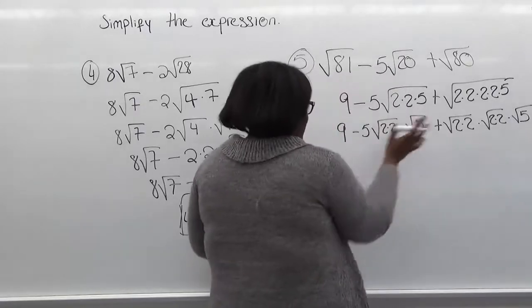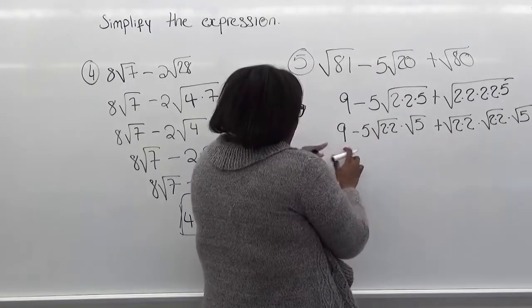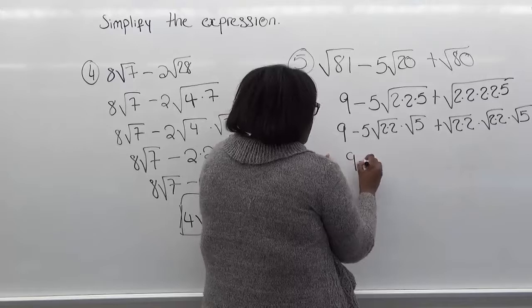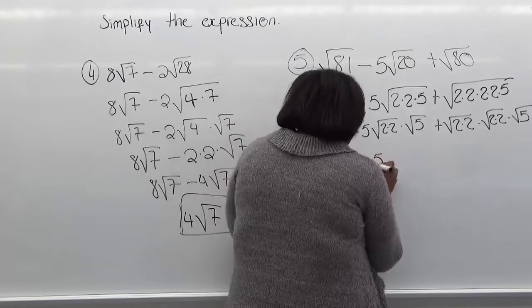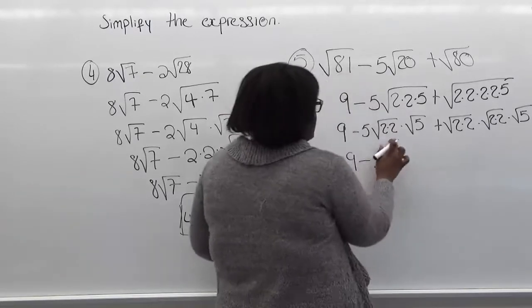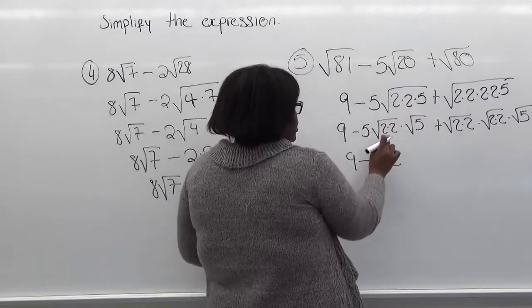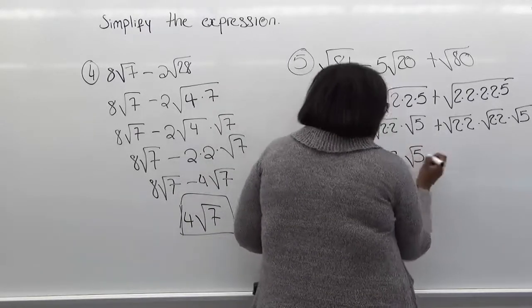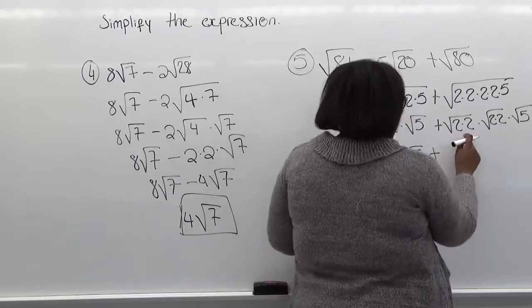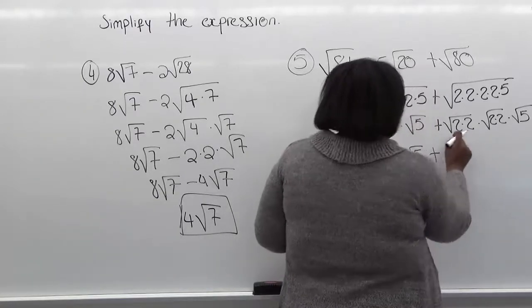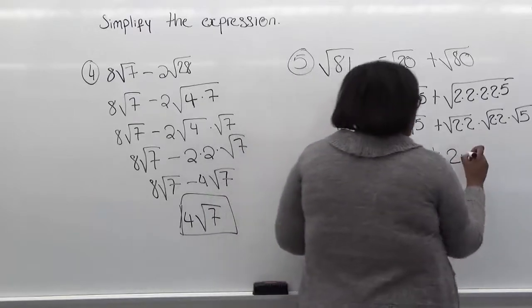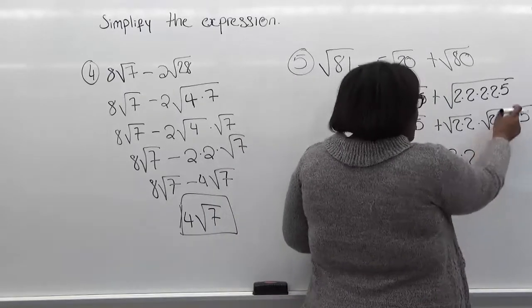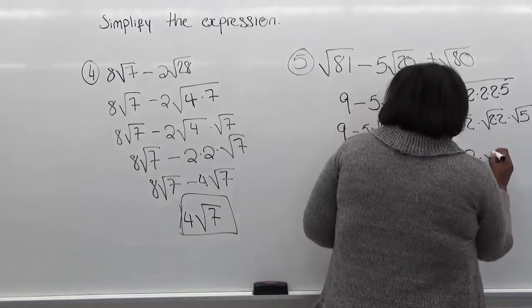So just two numbers. So now we're going to have 9 minus 5 times 2, because 2 times 2 is under the radical, so the answer is just 2 times the square root of 5, plus we're going to have 2, again 2 times 2 under the radical, times 2 times 2 under the radical, times the square root of 5.